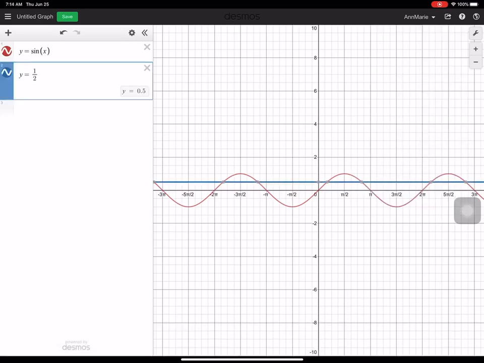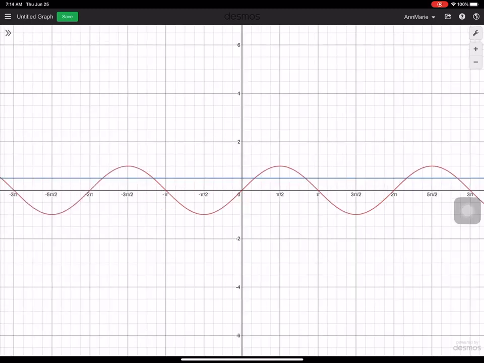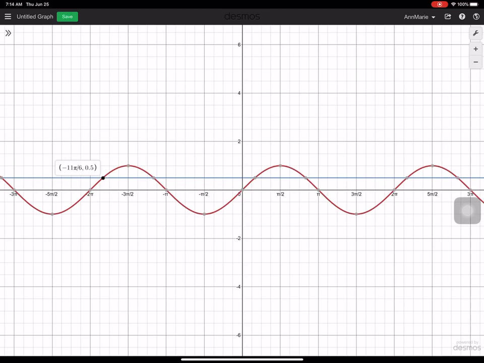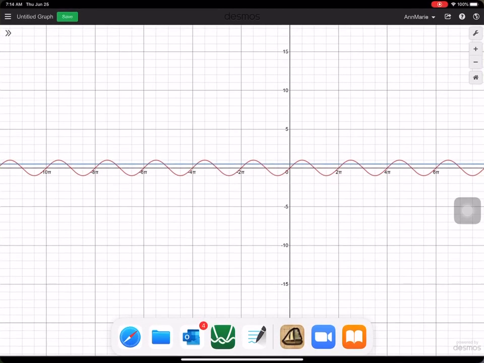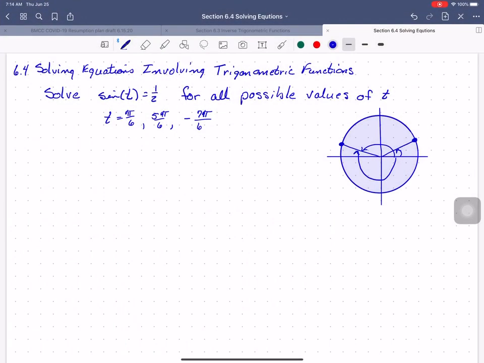Okay, so now what I'm actually looking for are the coordinates of all of those points where that line 1/2 intersects my sine curve. And there's an infinite number of them. And that's okay because we know how to do this.